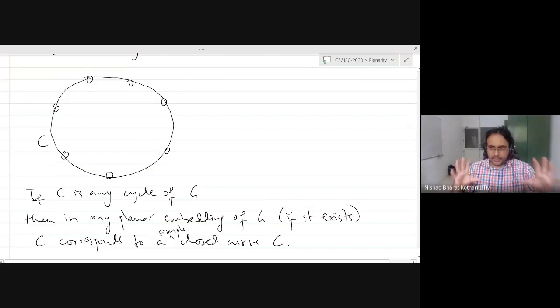So now the point is, this cycle has to be a closed curve in the plane. And in some sense, how you draw the closed curve doesn't really matter. That is sort of another way of thinking about the Jordan curve theorem. No matter how you put a closed curve, it is going to divide the plane into the inside and the outside. And essentially, it doesn't matter how the curve is drawn, right?